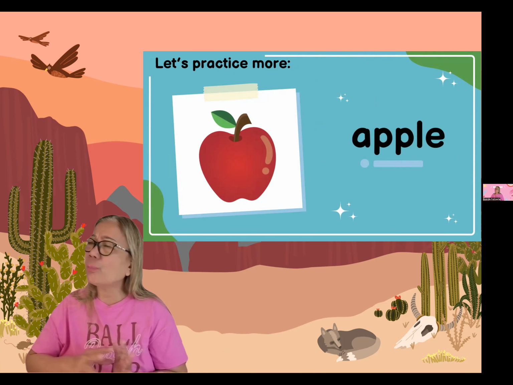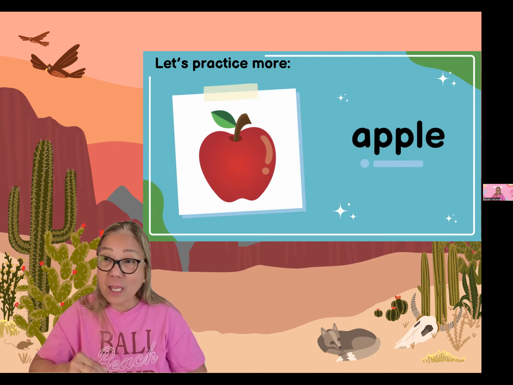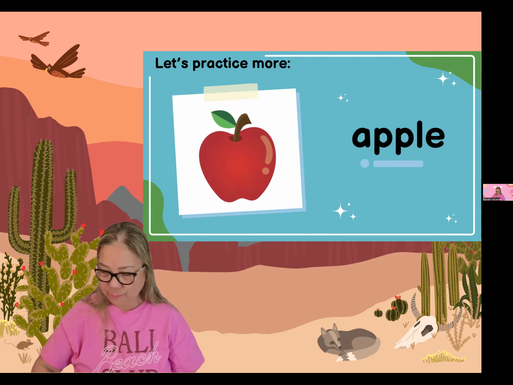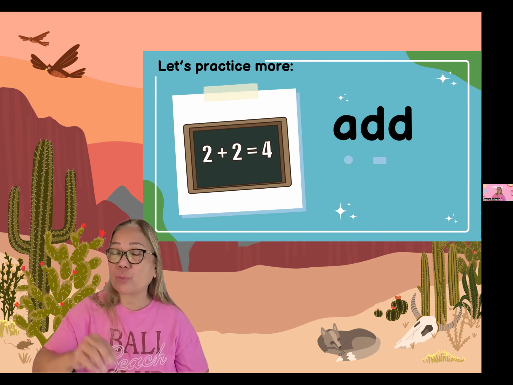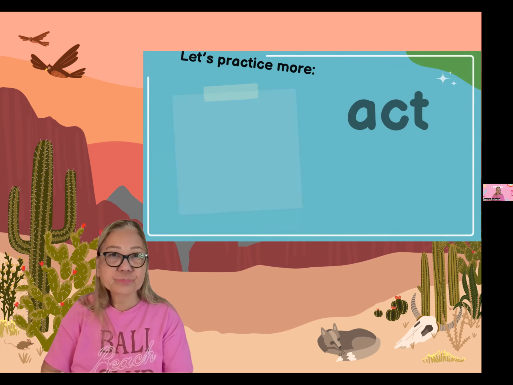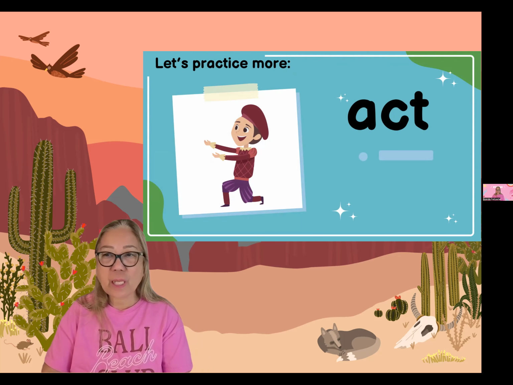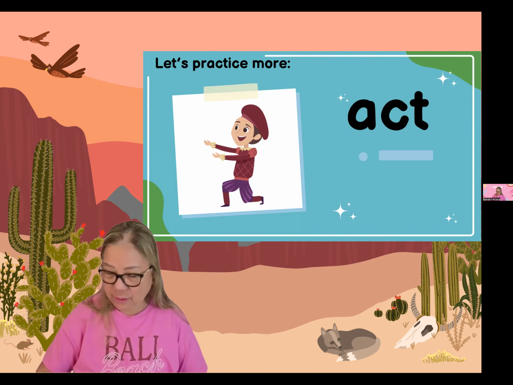All right. There are more words that begin with A, and of course, number one is apple. Apple. Next is 2 plus 2. We add, so we say add, add. And then we will have at.